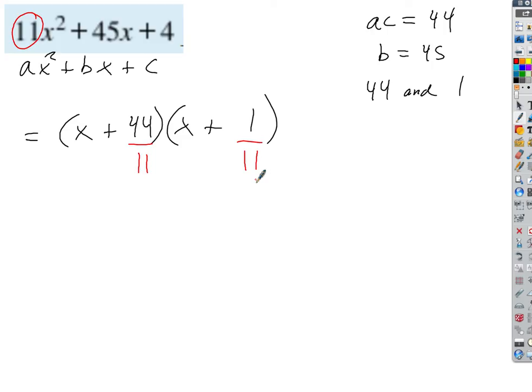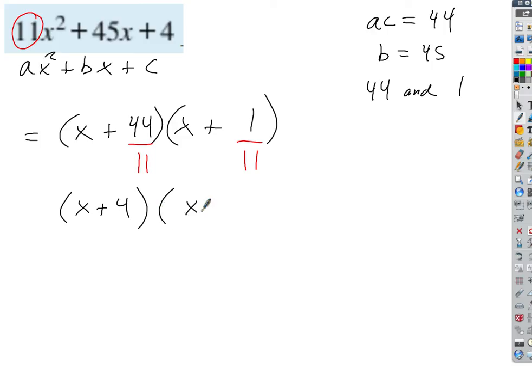Okay. And then from there on out, it's pretty simple, right? Really just 2 steps. What do I try to do to the fractions first? Try to simplify, reduce them. And then if I can't, I go bottoms up, right? So what does this first factor become then when I simplify? What does 44 over 11 simplify to? Just 4. So we get x plus 4, done. The fraction went away, so that factor's done. Okay, the second one, does 1/11 simplify? Doesn't, right?